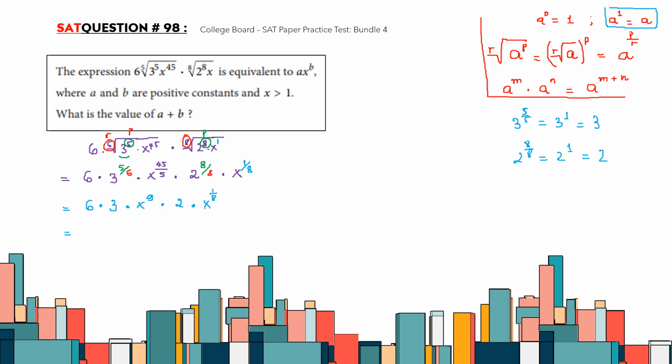Now let's simplify the numbers together. 6 times 3 is 18, times 2 is 36. You can do 18 times 2 is 36, or you can multiply 6 times 2 is 12, times 3 is 36 as well.